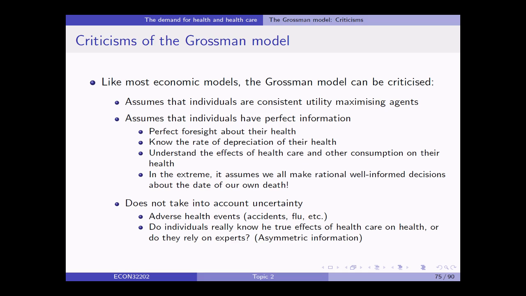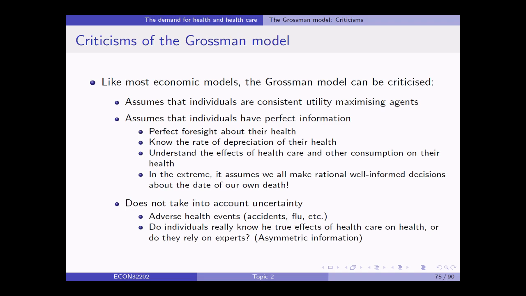It assumes perfect information, so it assumes that people have perfect information and perfect foresight about their health. It assumes that the rate of depreciation, that delta term, is known to people. It assumes that we as individuals know, appreciate and can comprehend information related to health care and how that's going to improve our health.